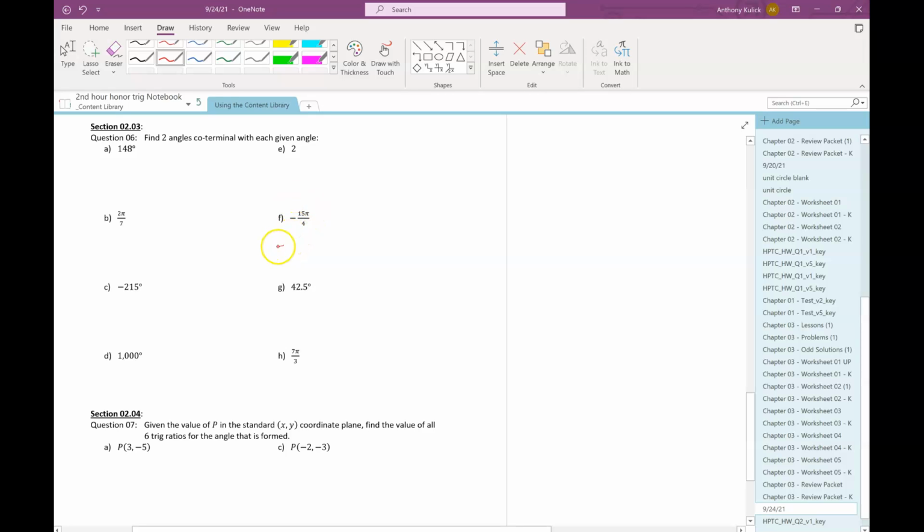In F, my given angle is in radians. So I can either add or subtract 2 pi from this. For the sake of argument, I'll just say I'm going to add. It doesn't really matter. To add these two fractions, I need to make a common denominator. Clearly that common denominator would be 4.